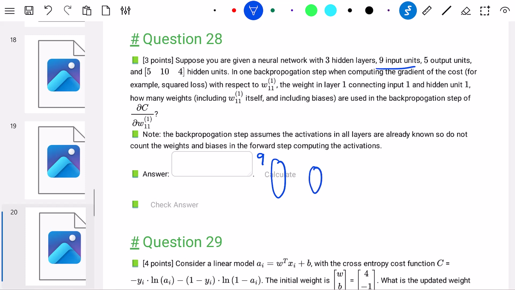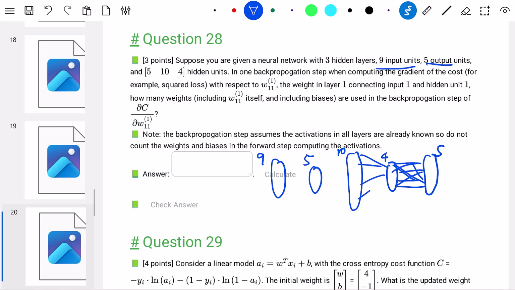The first hidden layer has 5 units, and the next one has 10 units, and the next one has 4 units, and for the output there are 5 units again. So all of these are connected. Let's draw some of them. My drawing is not great with these neural networks, but in any case, they are all connected.